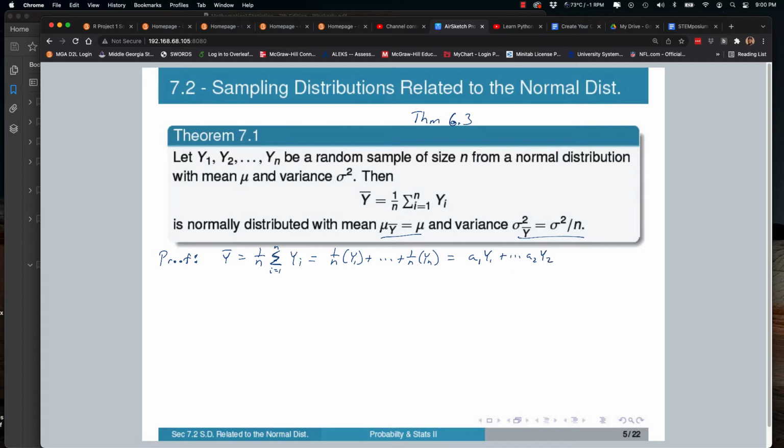That was one of the criteria we needed to write our function of random variables in such a way if it was normal, right? That was kind of the first clause.